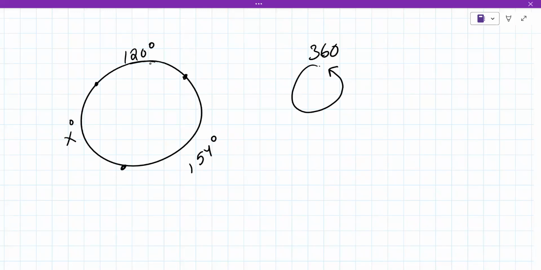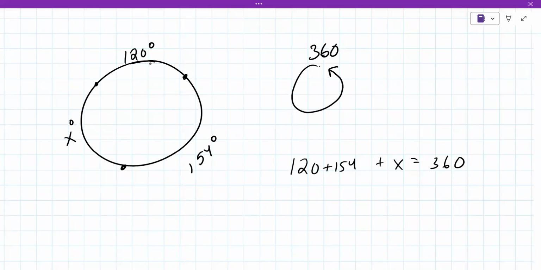66. How did you come up with 66? First of all, you have to add 120 plus 154, then you get 290. It is not 290. 294. It is not 294. Try again. 274.